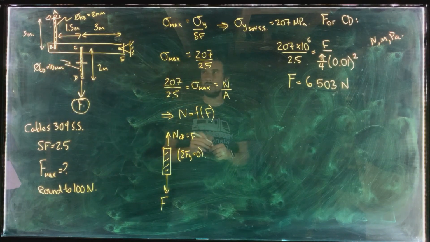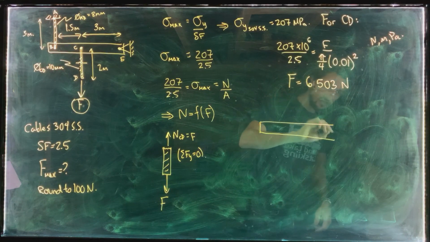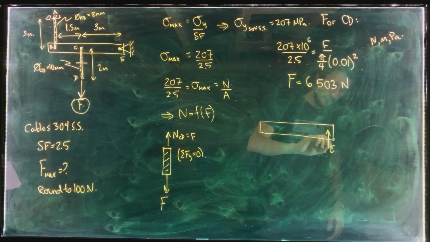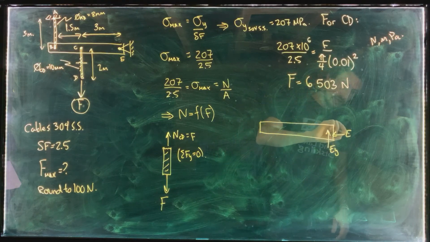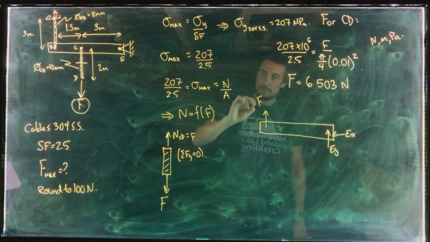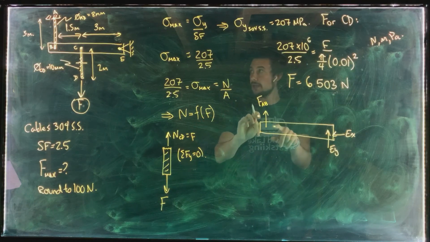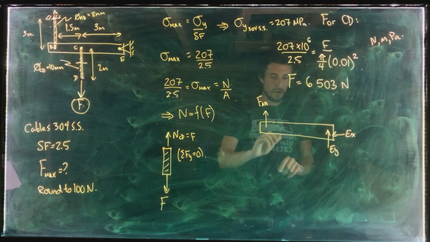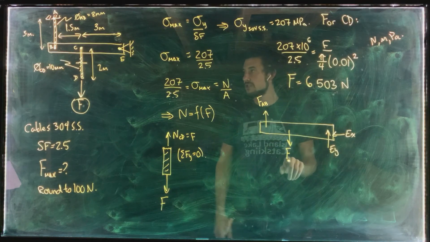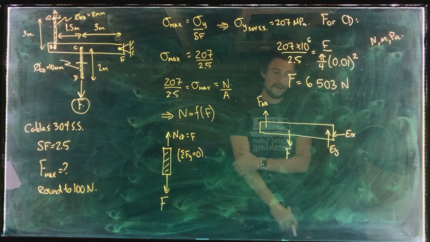So if we draw a free body diagram of the horizontal bar, we've got EY and EX for the pin, and then we've got FAB for the force being applied from cable AB to this bar, and then we've got load F here, which is the force that cable CD is applying at point C. Okay.